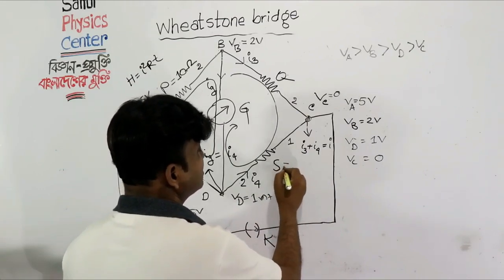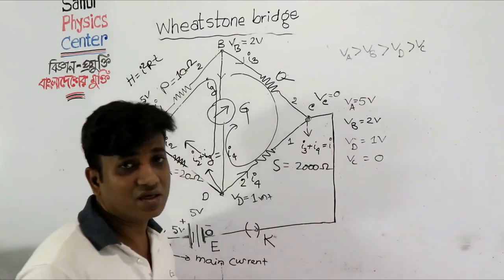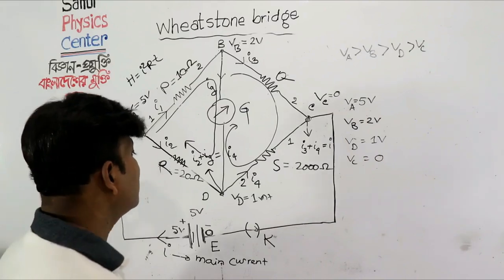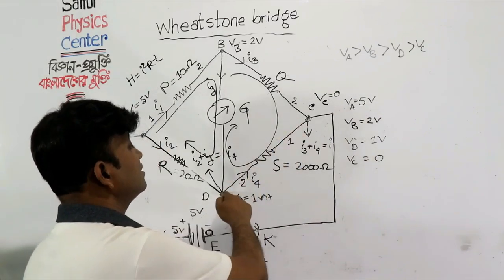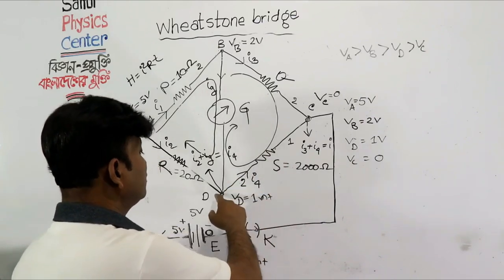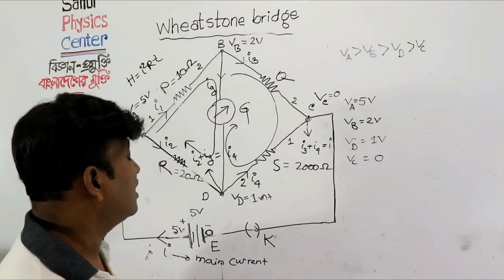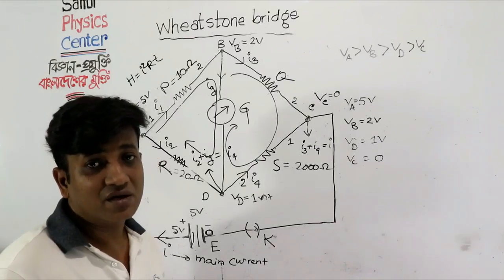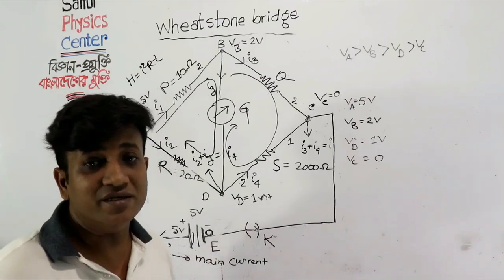Suppose it is 2000 ohms, then what will happen? Then current will not be able to flow through this resistance along the DC. As a result, the sensitivity of this bridge will decrease.